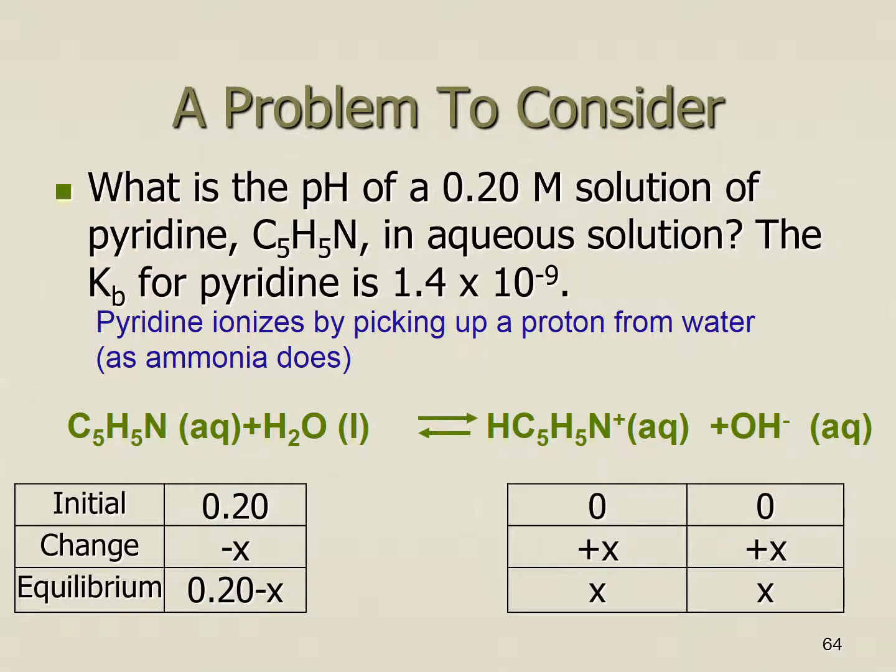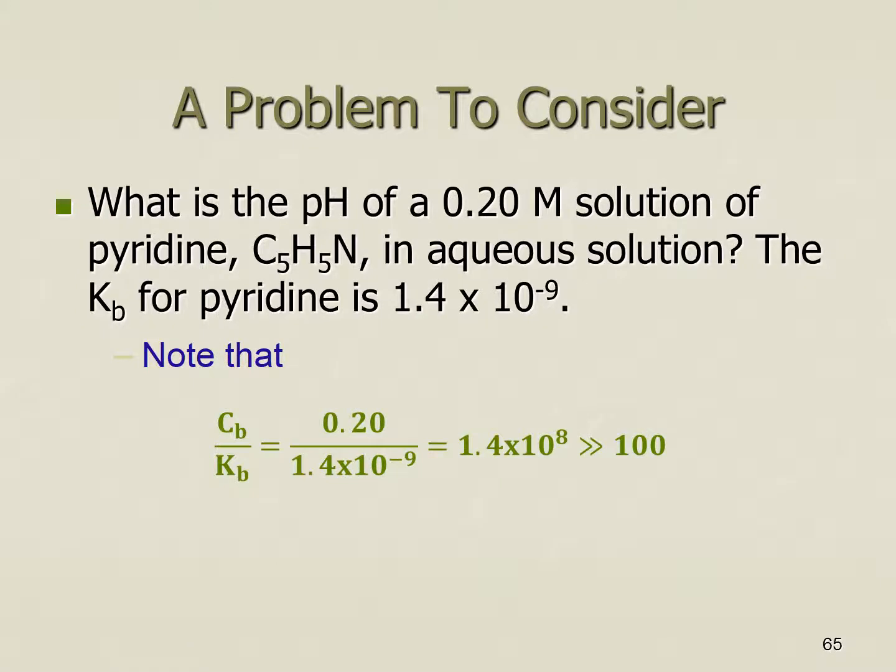And then we set up our ice chart. We know the initial concentration is 0.2. Some of it will accept an H plus, and we'll call that amount X. So 0.2 minus X at equilibrium, and then our conjugate acid will be X, and our OH negative will be X. Now we can do the same simplifying expression. This time it'll be Cb over Kb rather than Ca over Ka.